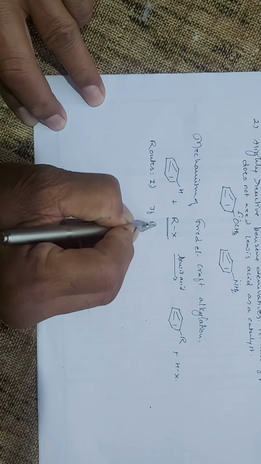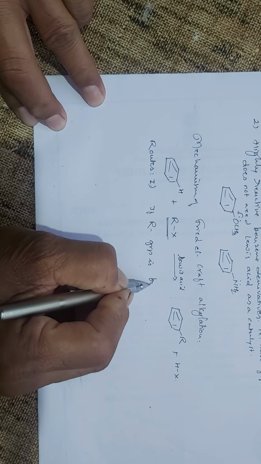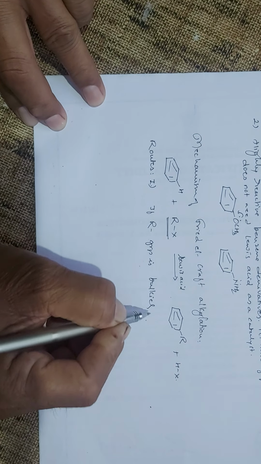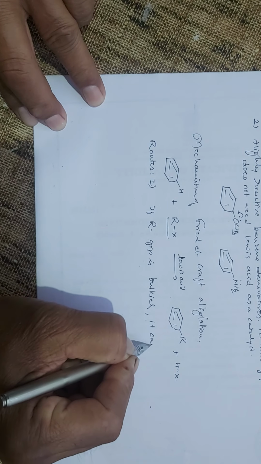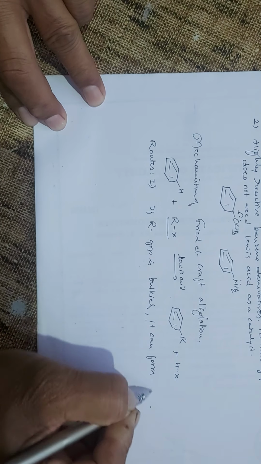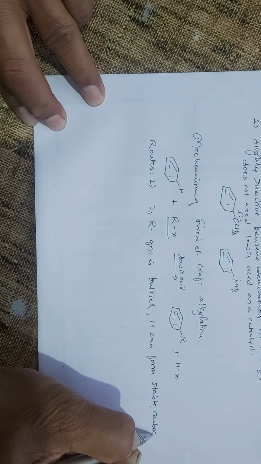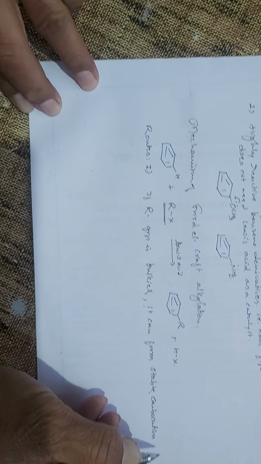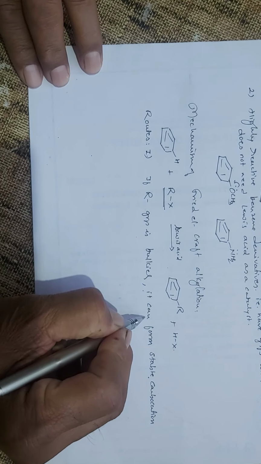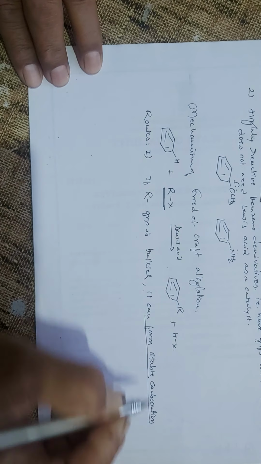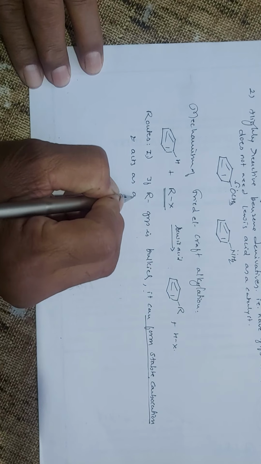If the R group is bulkier, then it can form a stable carbocation, which acts as an electrophile.